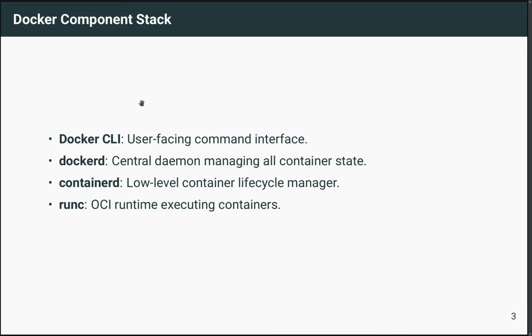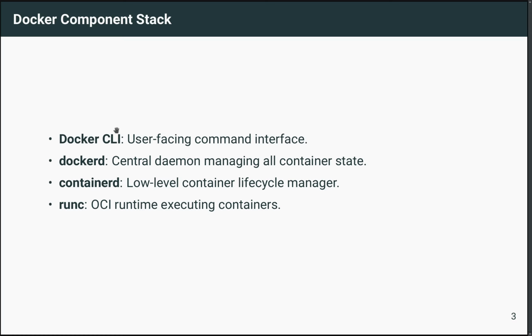Now we look at the Docker component stack. So it has a CLI, it has Dockerd, it has containerd, it has runc. Okay. So Dockerd is the central daemon which manages all container state. Containerd is responsible for container lifecycle, and runc is the runtime for executing the containers.